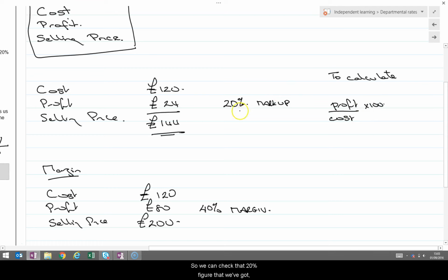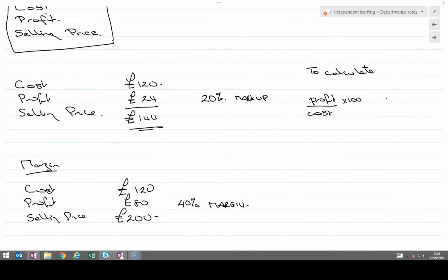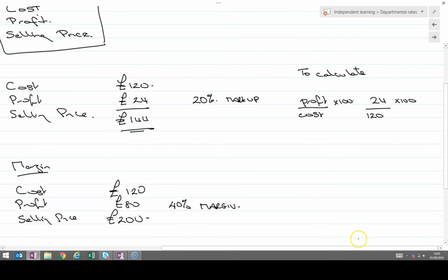So we can check that 20% figure that we've got. In this example, we had a profit of £24. Cost was 120, times it by 100, and that will give you 20%.